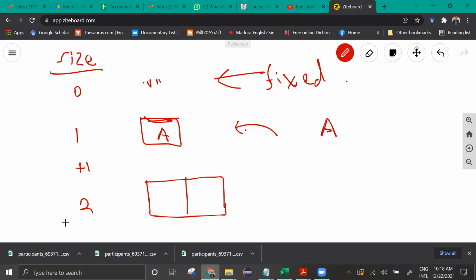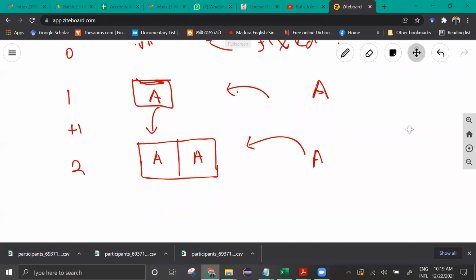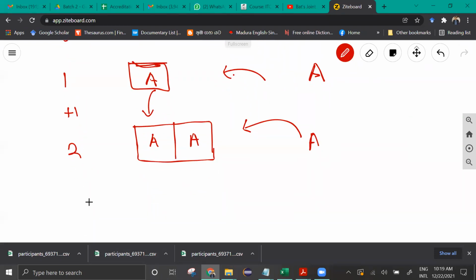Then it copies the values of the previous array, A, and then the new A is added, right?